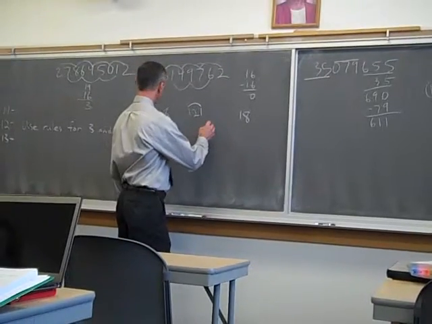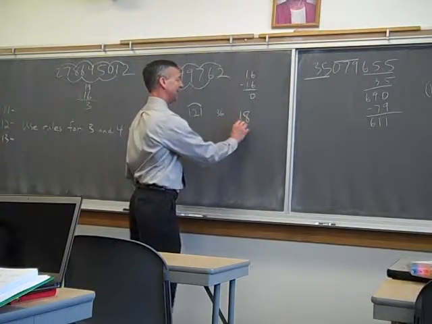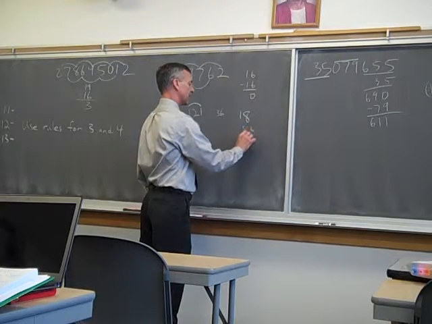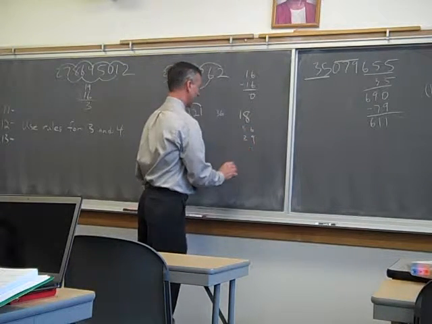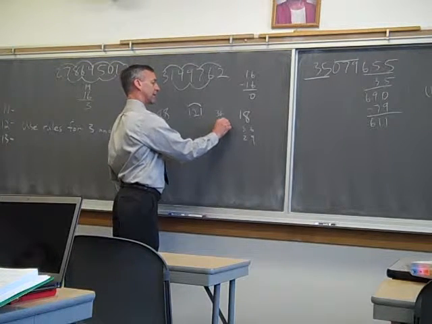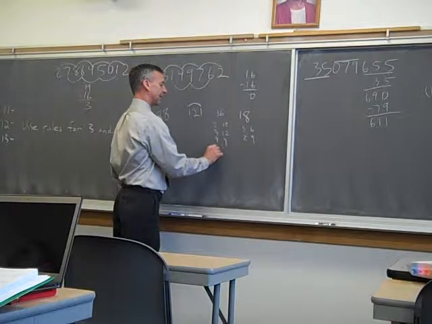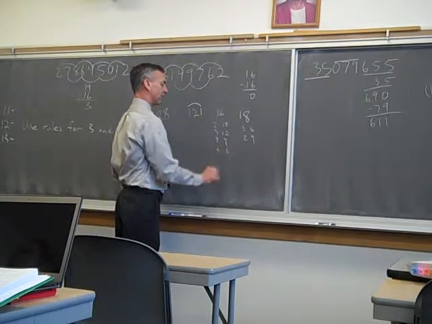Let's take 36. Somebody said try 3 and 6. Somebody said try 2 and 9. 36. Let's get pairs of factors. We got 2 and 18, 3 and 12, 4 and 9, and 6 in itself, right?